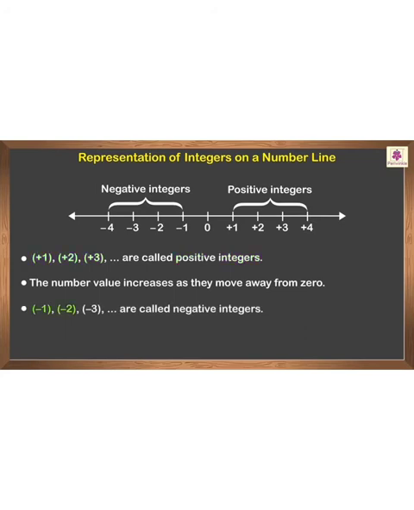-1, -2, -3, and so on are called negative integers. The number value decreases as they move away from 0. The integer 0 is neutral. It is neither positive nor negative.